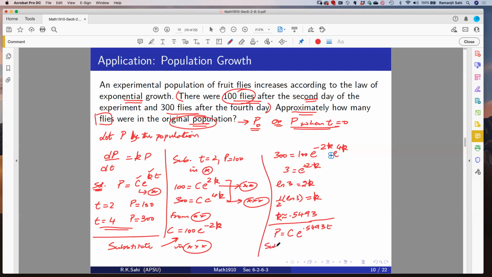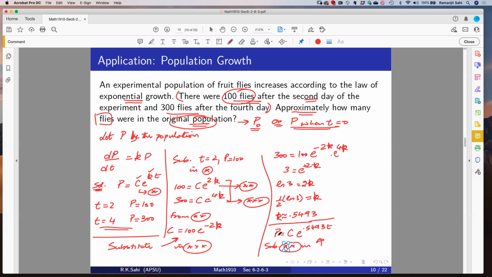So substitute in the double star. Sorry guys, today I'm making a little bit more mistakes. So we're going to substitute k in the above equation.